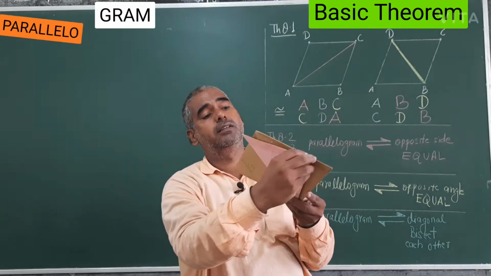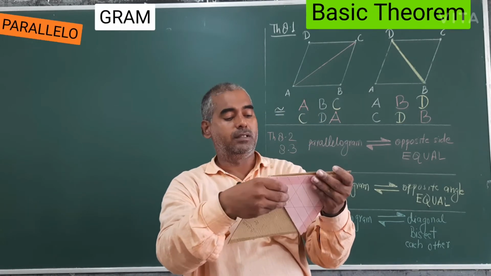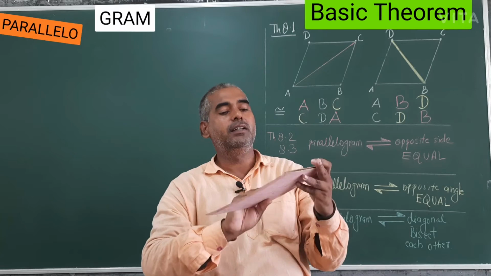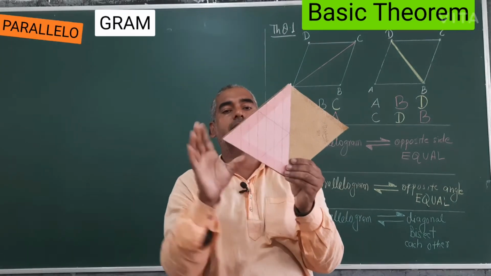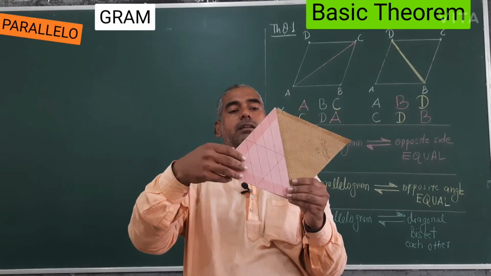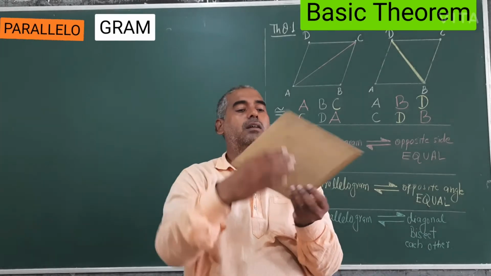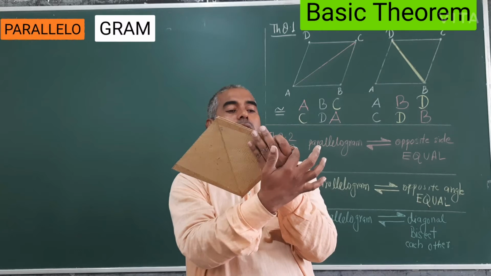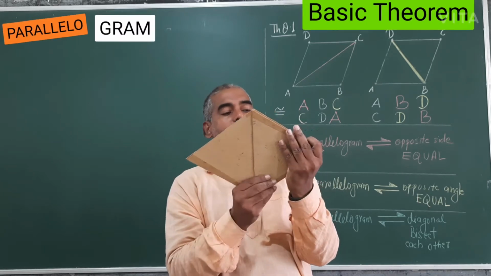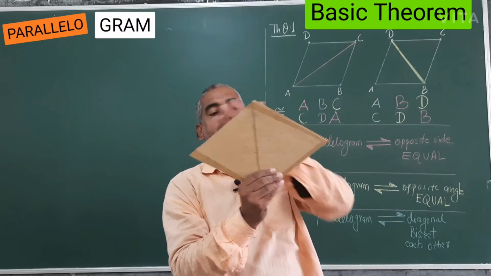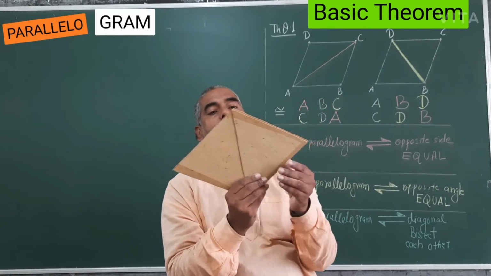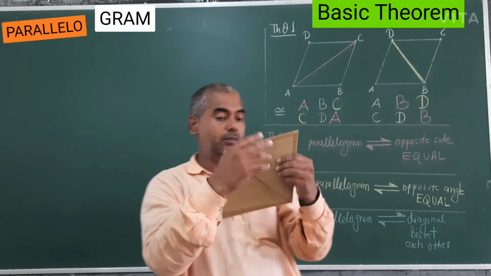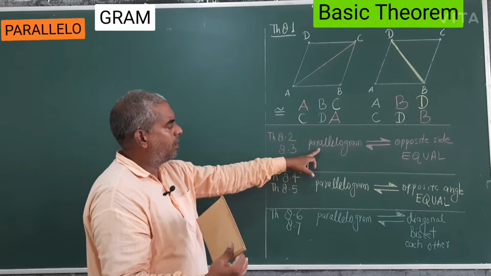If you change it, yes, this angle is equal. Actually, these are called opposite angles. This angle is equal to this angle. These are called opposite, and because this angle is equal to this, these opposite angles are equal. Opposite sides are equal also. These are all the theorems in parallelogram.